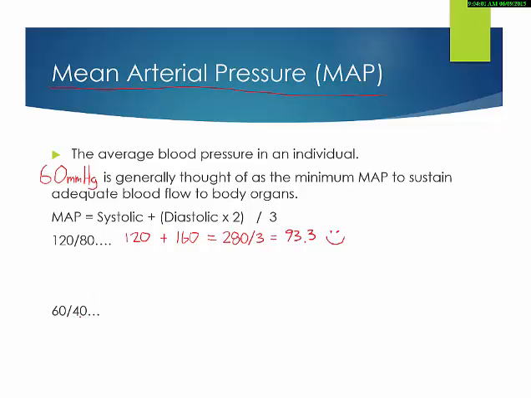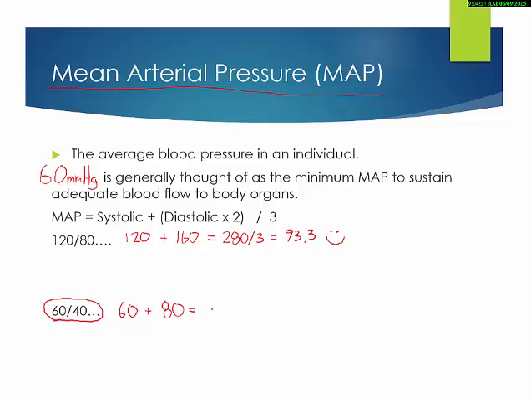Here's a pressure of 60 over 40. Regardless of what you find in the mean arterial pressure, I hope that the first thing you want to do with this pressure is give it fluid and possibly vasopressors, because I hope we all recognize that this is a pretty crummy pressure. But if we do the math here, you have 60 systolic plus 2 times the diastolic, so 2 times 40 is 80.